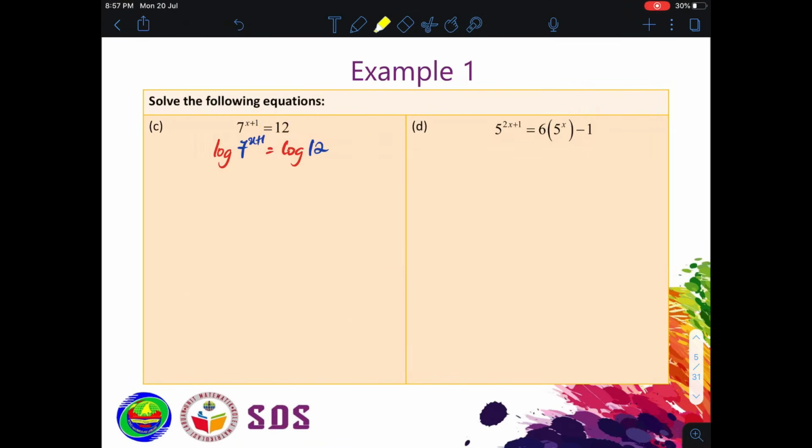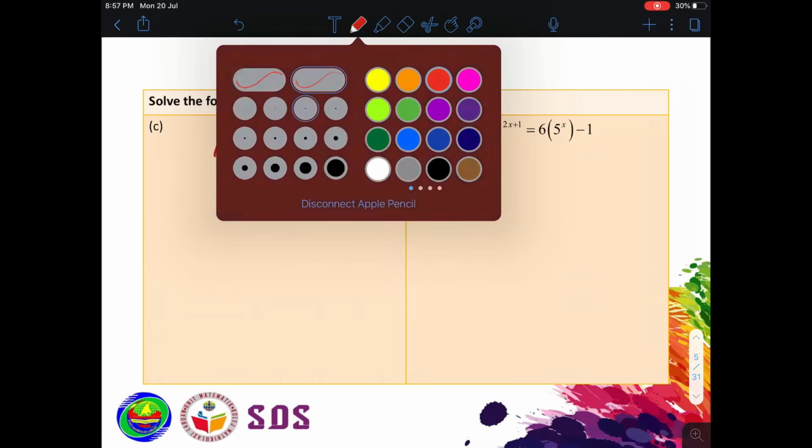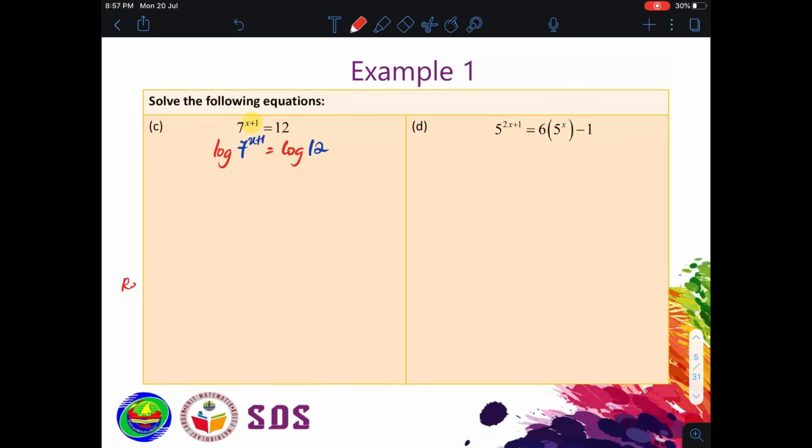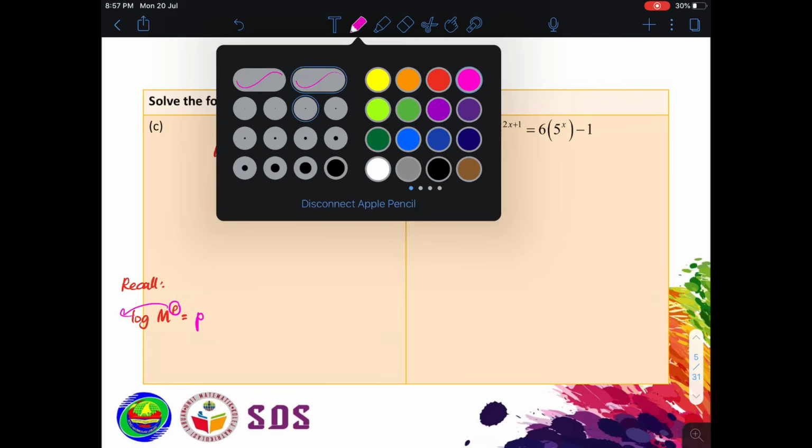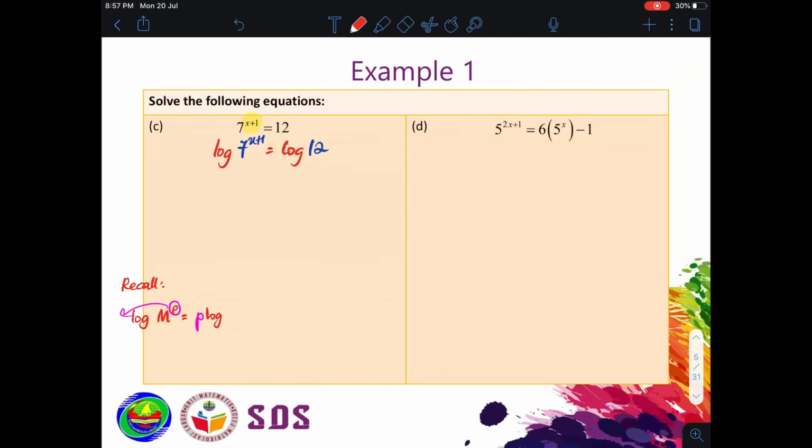The properties of logarithm, let me do a recall here. For something that you have, log m to the power of p, meaning you will move this power p to the front, and you're going to get p times log m.